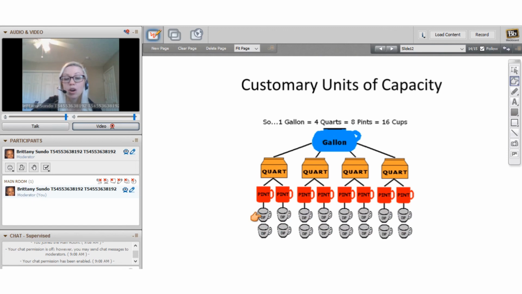We can see that there are 16 cups in 1 gallon. So that's how you would use that chart, or if you chose to make your gallon man. And that's a really nice strategy to use to remember your conversions for your customary units of capacity.